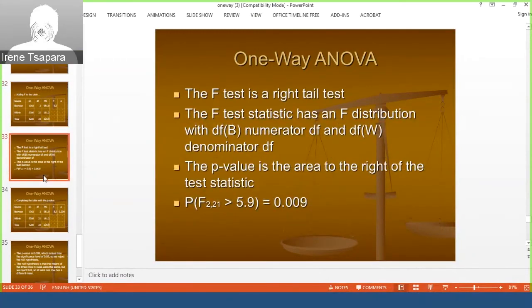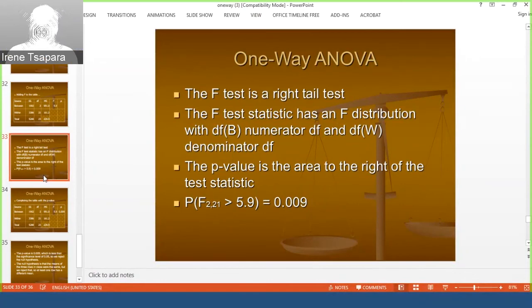The F test is a right tail test. So we have an actual test that we run for the F test. It is a right tail test and it corresponds to the F distribution. The F distribution is a right skewed distribution, and it corresponds to the numbers on the table.